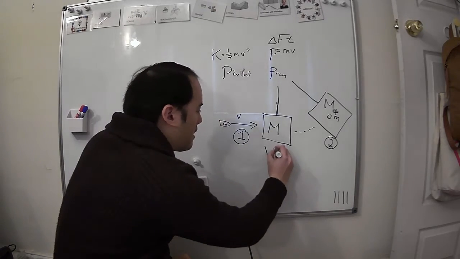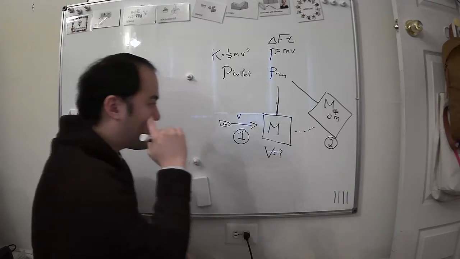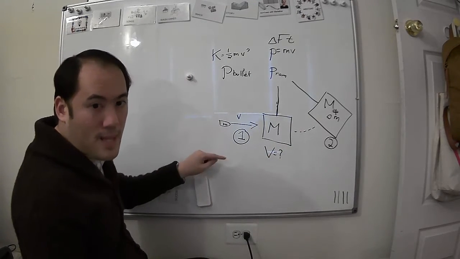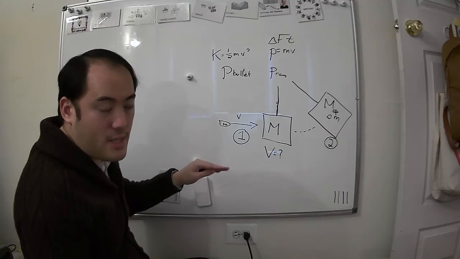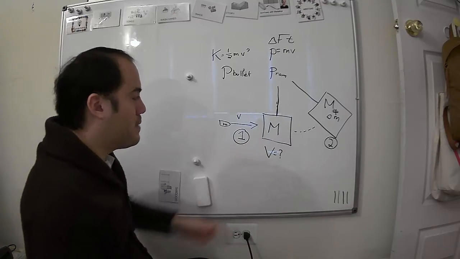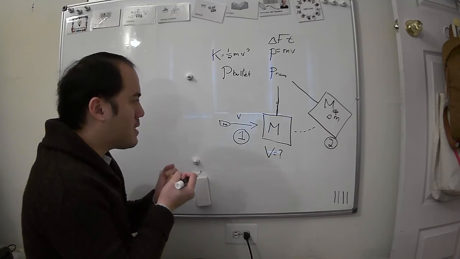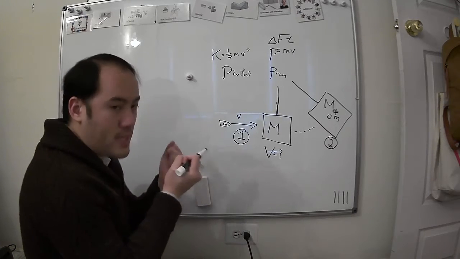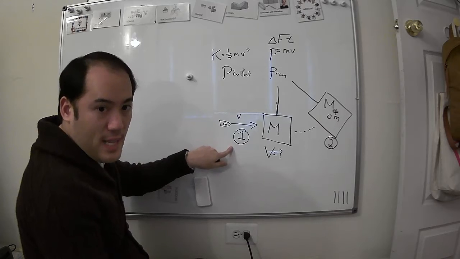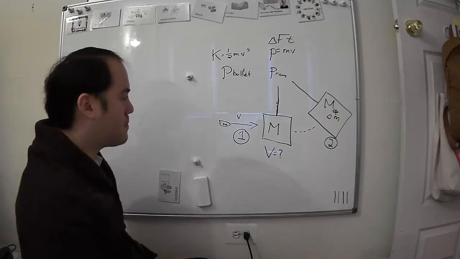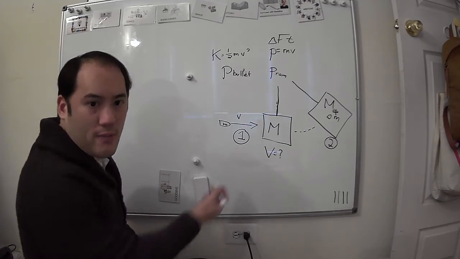Find big V. Big V is the speed of the bullet and block together after the collision, but before they slide up. So it's inelastic in that they stick together. What's the speed together after they collide, but before they swing? Try and derive it quickly from that.